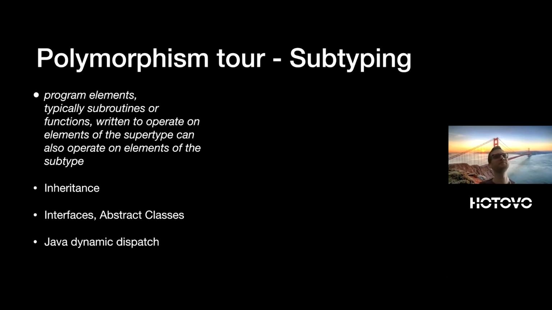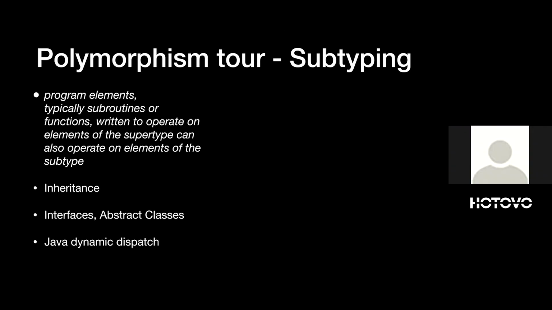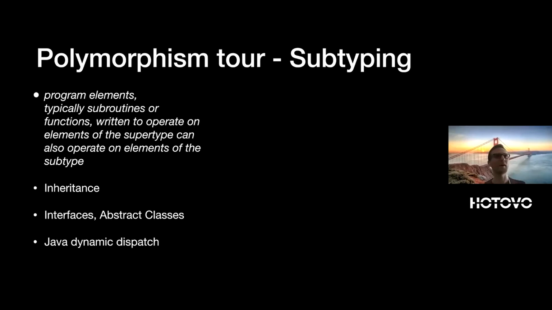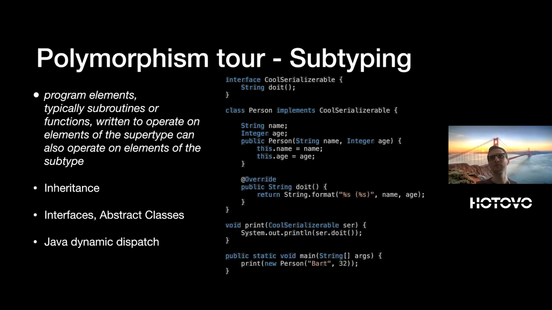Based on the description from Wikipedia, subtyping polymorphism is a kind of polymorphism where program elements, which are usually functions, are written to operate on elements of a supertype, or can also operate on elements of the subtype. So this is a more complicated way to describe inheritance. We have interfaces, abstract classes, and concrete classes in object-oriented programming. This is an example of subtyping polymorphism.